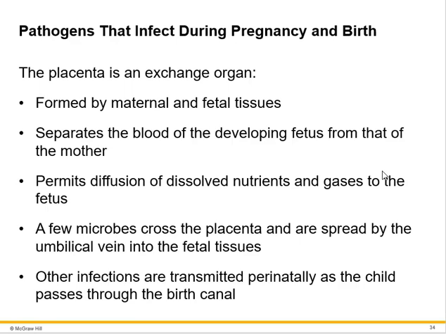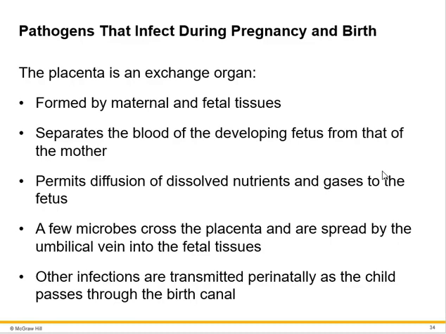During pregnancy and birth, pathogens can get through the placenta, and those are what we call the Storch diseases. We'll list those here in a minute. But it's basically the placenta, the tissue around the womb, essentially, and it is in the uterus. It's formed by maternal and fetal tissues, and there is a blood barrier, separating the blood of the fetus and the blood of the mother.